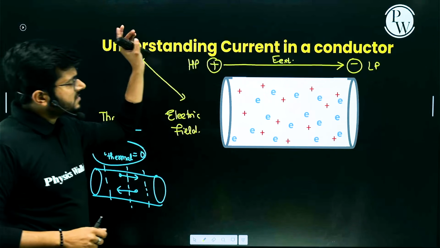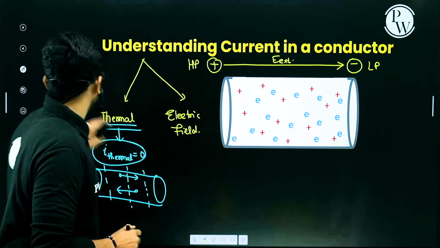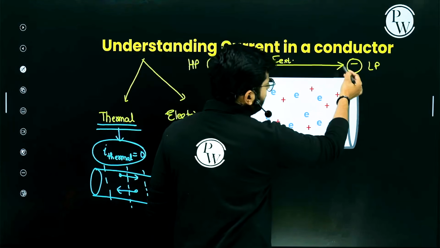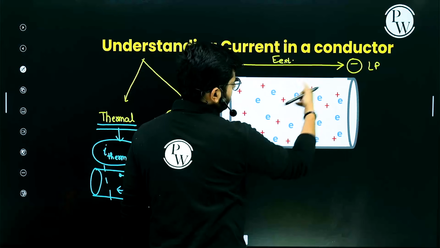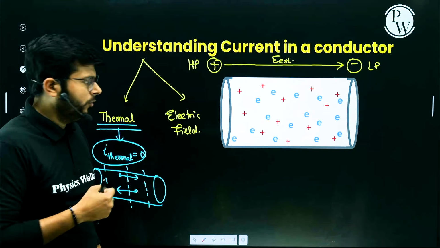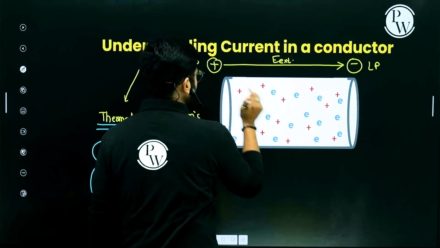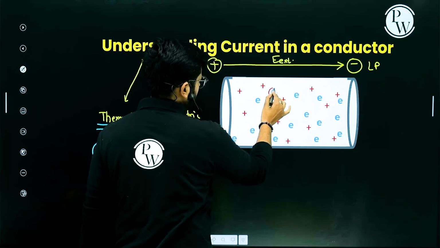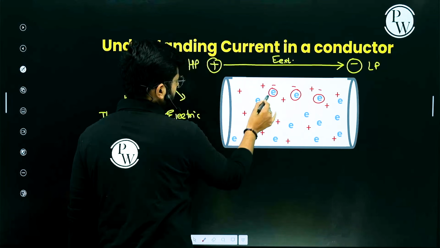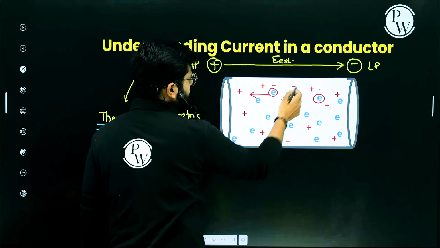Now this external field will do interesting things. These positive charges will try to move towards the negative end, but the positive charges don't move. It is the electrons that move towards the positive terminal. The electrons over here all have negative charges. They move toward the positive end, opposite to the external field.